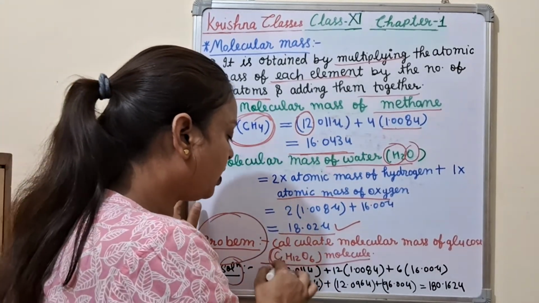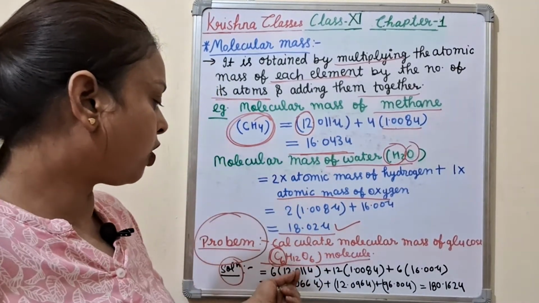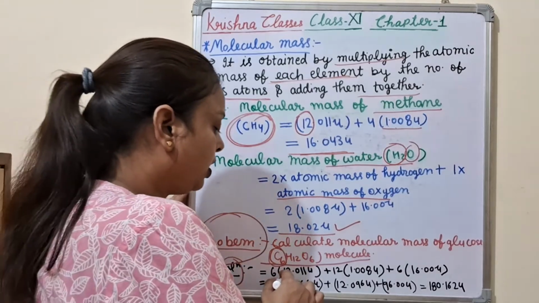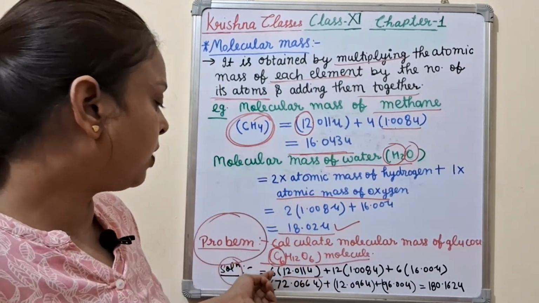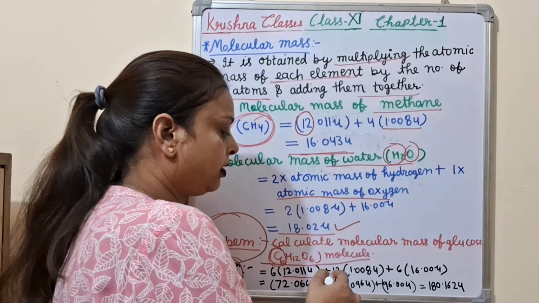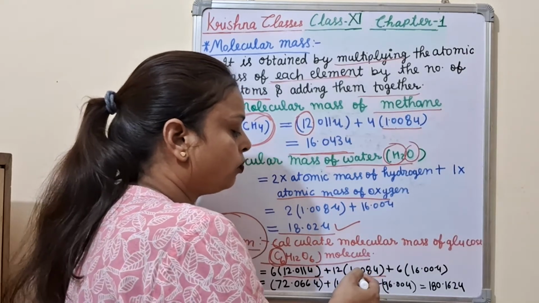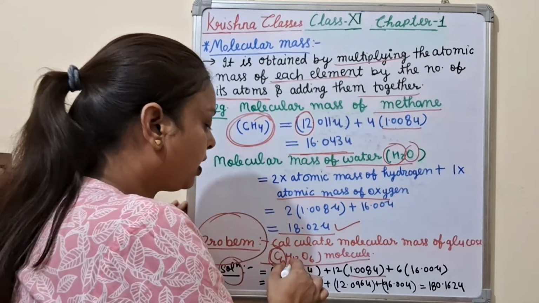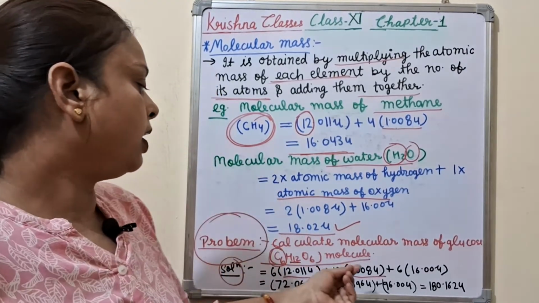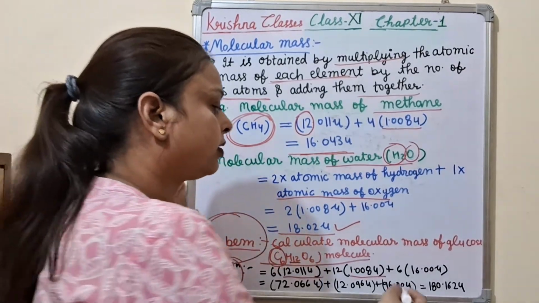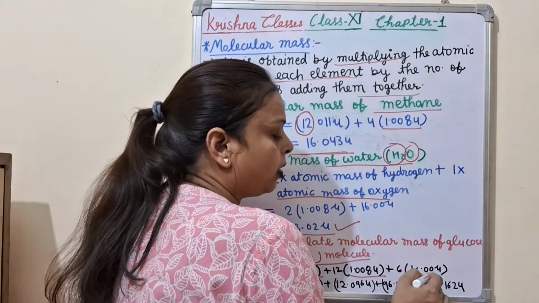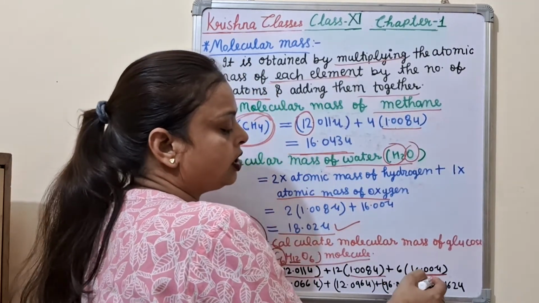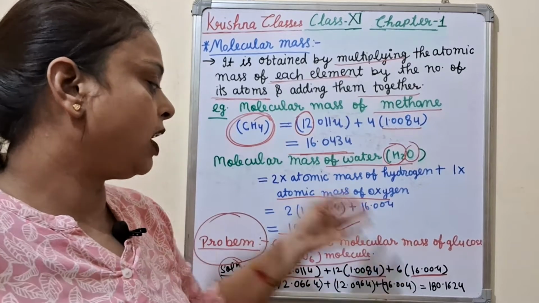First, carbon is 6. The atomic mass of carbon is 12.011 multiplied by 6, plus hydrogen atomic mass is 1.008 multiplied by 12, because here hydrogen is 12. Then oxygen is 6. Atomic mass of oxygen is 16.00 multiplied by 6.